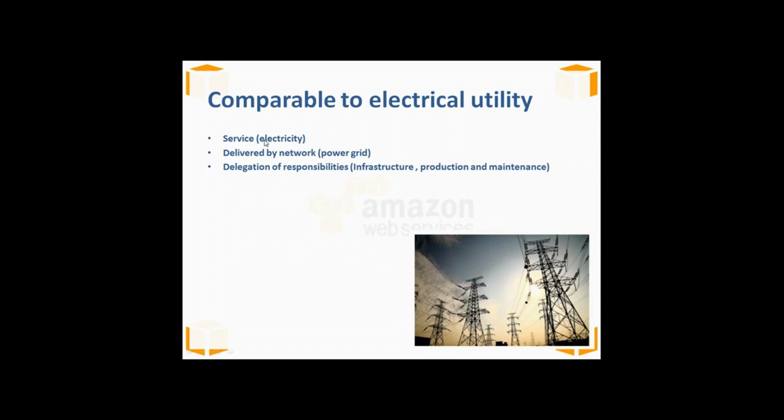This electricity is delivered by a network, that is, a power grid. The power grid is delegated the responsibility of infrastructure, production, as well as maintenance. So this is how we compare cloud computing to an electrical utility.